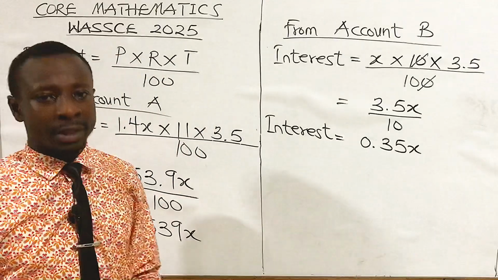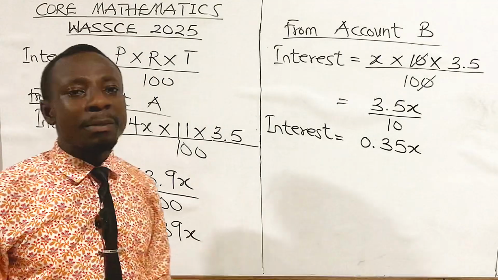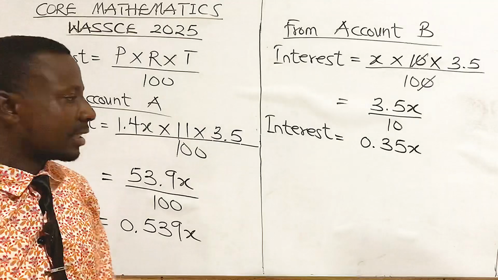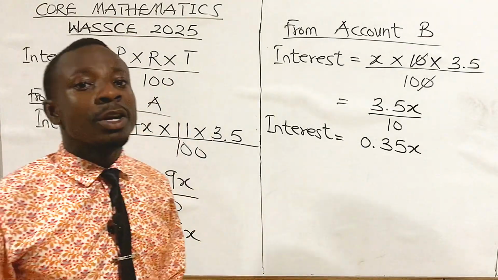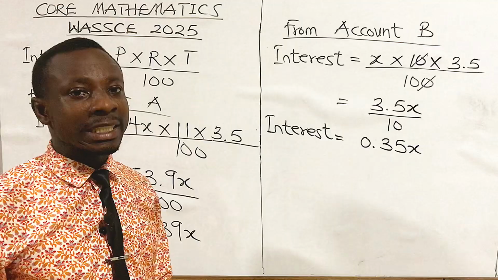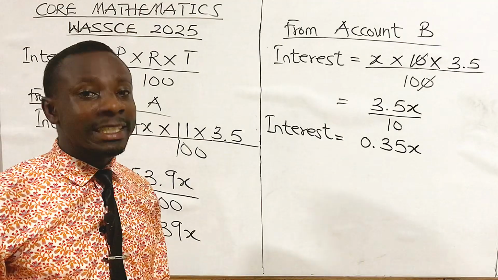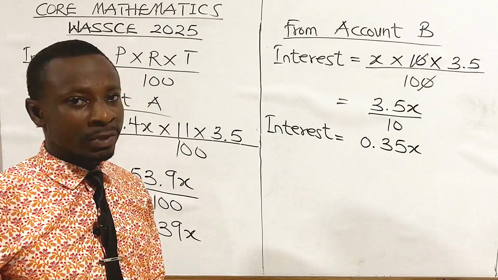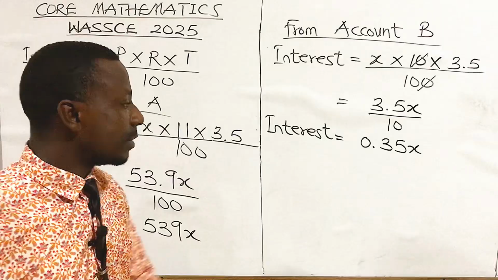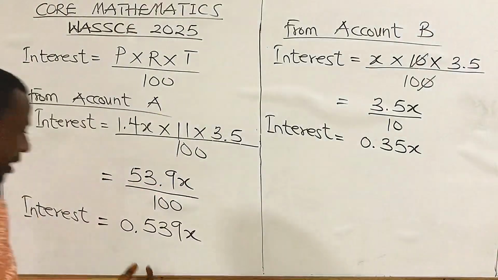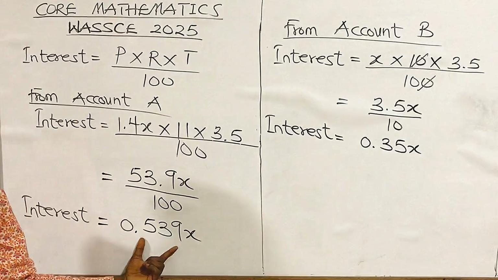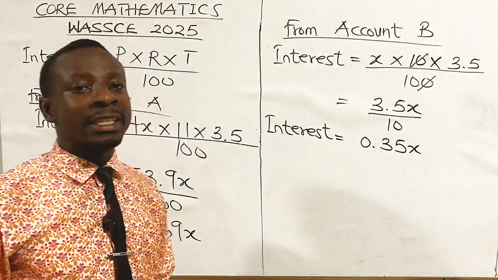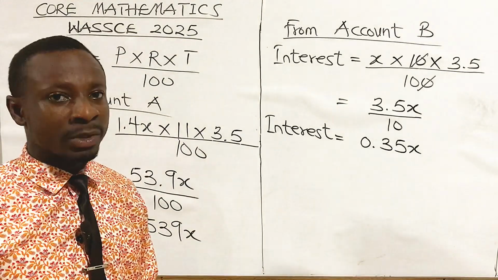in account B. Now the question made us understand that the interest accumulated to 22,580 Ghana cedis 60 pesewas. So this means that when I add the interest in account B and the interest in account A, it needs to be equated to such an amount.